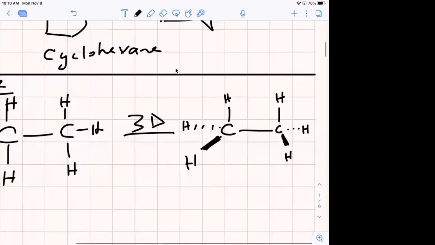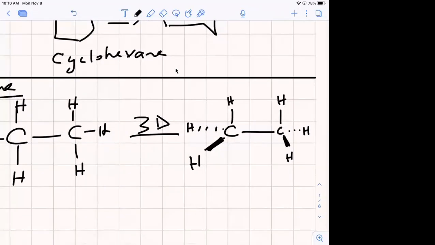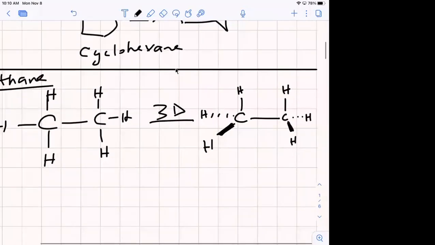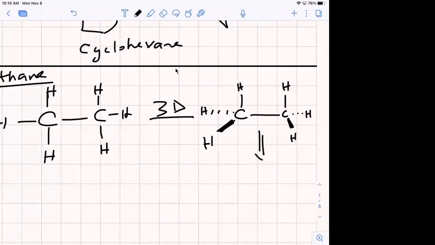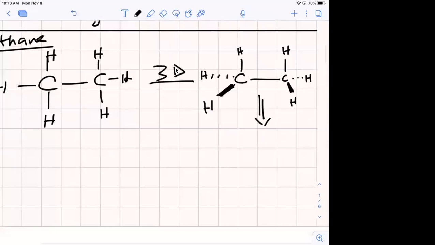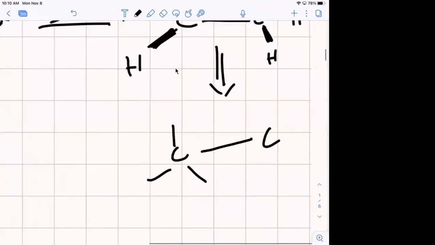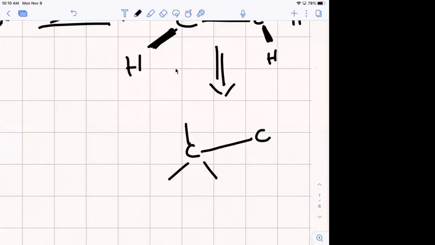So if we were to turn that entire molecule kind of back into the page, what we would see is something that looks like this. Let me zoom in on that. So this carbon will be here, this one will be here, and we see something that kind of looks like this.